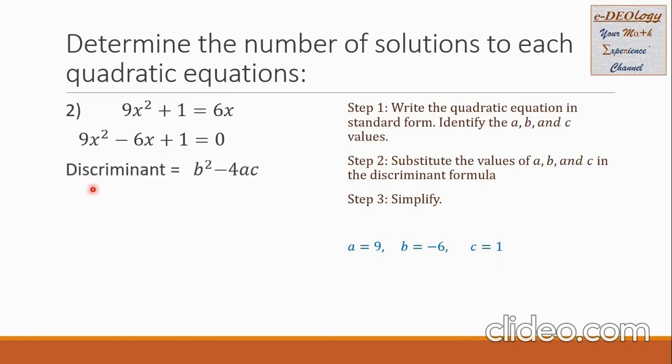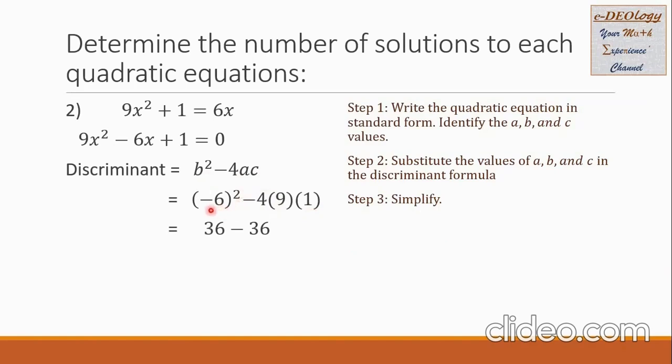Then we will write the discriminant formula and substitute now the values of a, b, and c. The b squared is now the square of negative 6 minus the constant 4 times a, which is now changed into 9, times the c, and now changed into 1. Then we simplify further.